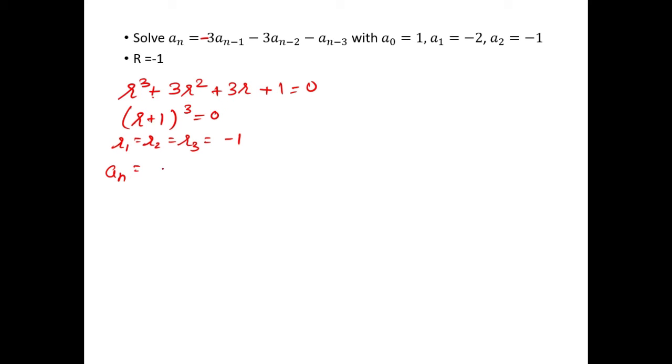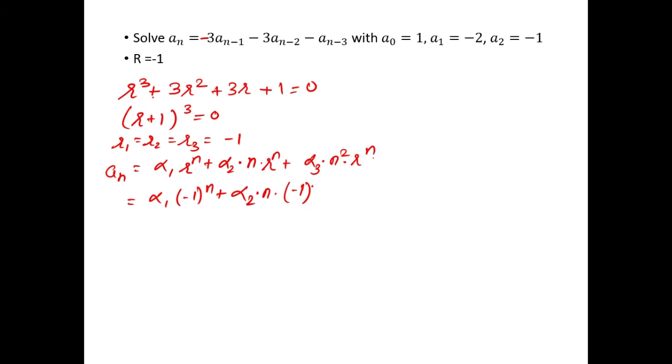So the solution equation becomes alpha 1 r raised to n plus alpha 2 n r raised to n plus alpha 3 n square r raised to n, which is equal to alpha 1 into minus 1 raised to n plus alpha 2 n into minus 1 raised to n plus alpha 3 n square into minus 1 raised to n.